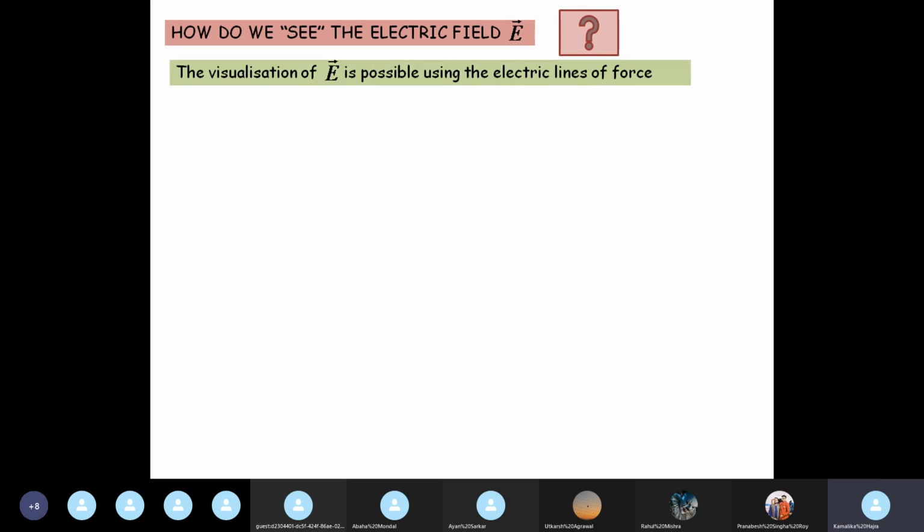So the visualization of an electric field E is possible using the electric lines of force. I guess all of you have heard about the lines of force, electric lines of force, magnetic lines of force. Now, what is the definition of a line of force?